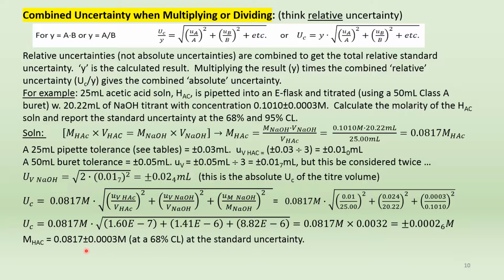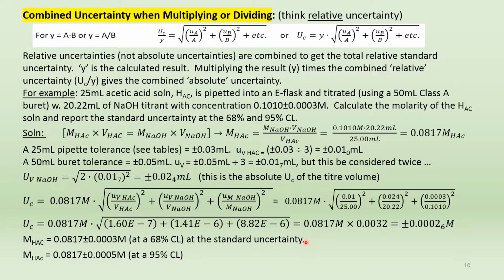So I could then report the molarity of my acetic acid solution, 0.0817 plus or minus an absolute deviation of 0.0003 molar, and that's at the 68% confidence level. That is the standard uncertainty.